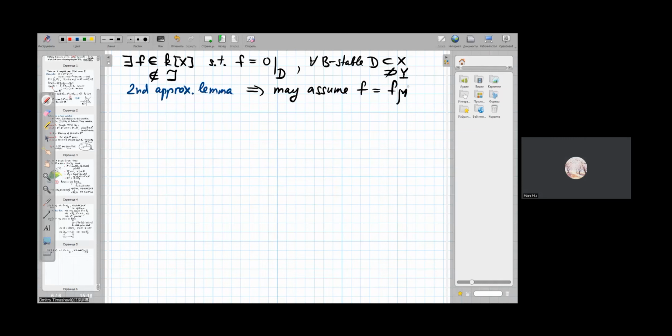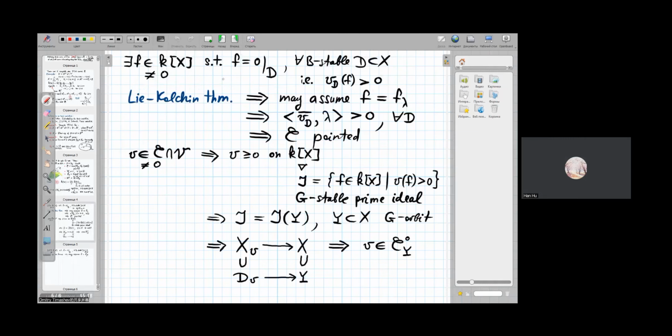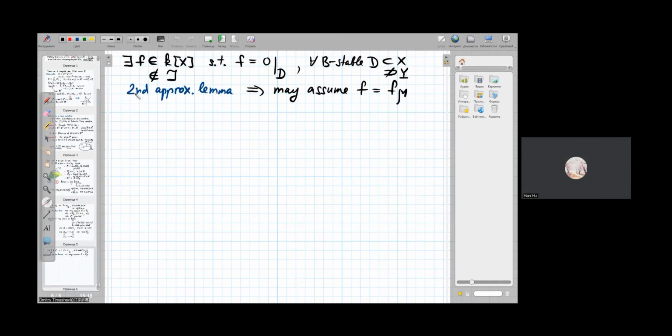We may assume that f is B semi-invariant because the condition that f does not belong to this ideal means that the value of v on f is equal to zero. And now we may use the second approximation lemma. We may replace f with a B semi-invariant function with the same value of v. So v will still be equal to 0 on this function.